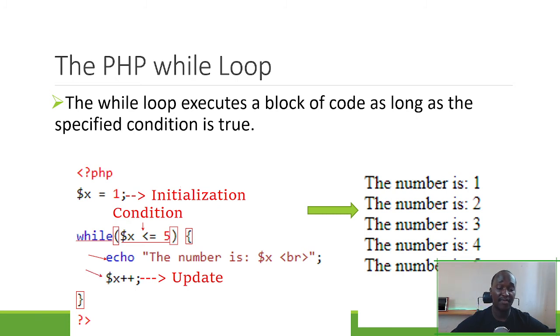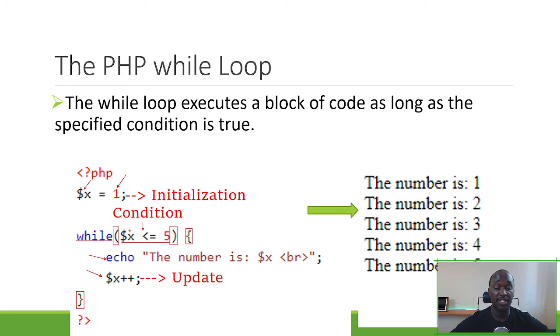So why do we have initialization, condition, and update? Without providing these, your while loop is going to execute forever. The initialization gives the starting point. Here we want x to begin at value 1.